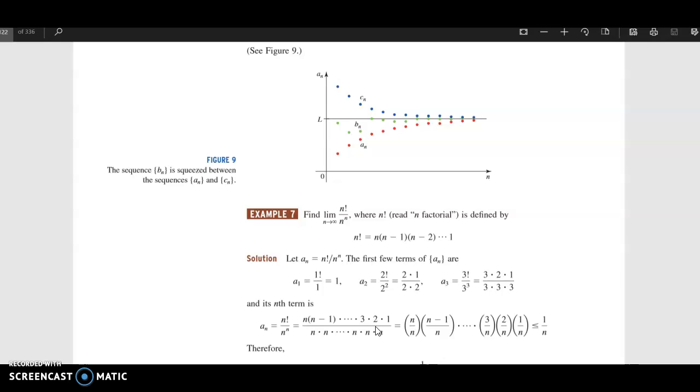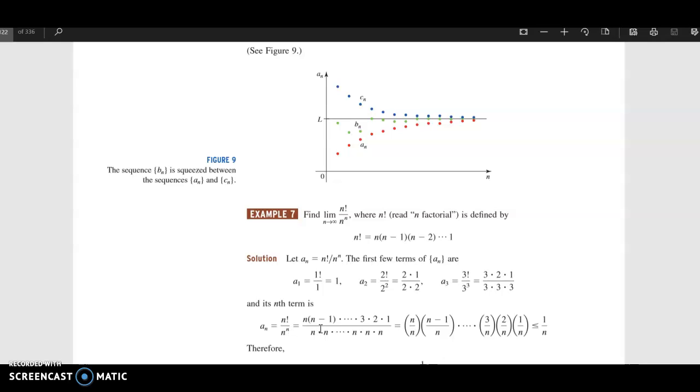In the case of some complicated problems, we can find the limit using the squeeze theorem very easily. So find limit n tends to infinity of n factorial divided by n raised to n. Actually, the term an is n factorial by n raised to n.